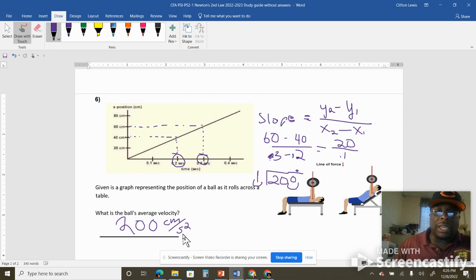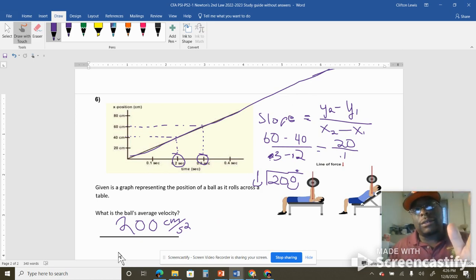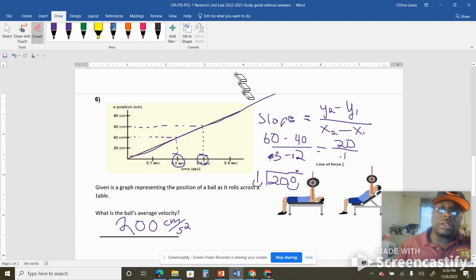So every 1 second, this ball is increasing 200 centimeters. That's the rate if this graph or this slope goes out into infinity. If I let this ball keep on rolling and rolling, that's going to be the final outcome. You're going to reach 200 centimeters for every second, changing going that fast. Okay? Yes, it is.